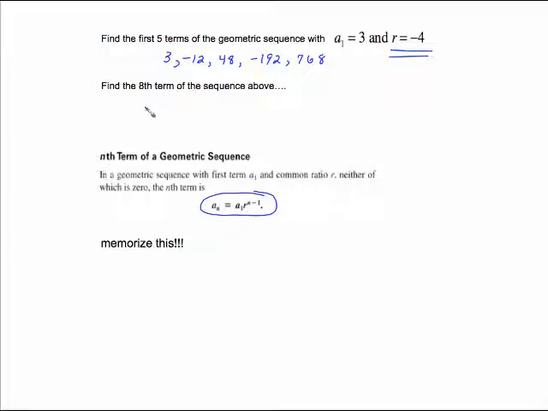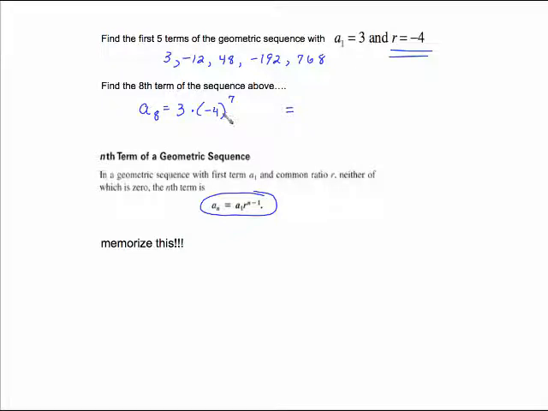So to find the 8th term, I would say a sub 8 equals a1, which is 3, times the common ratio, which we established to be -4, and you need to put that in parentheses if it's a negative ratio, raised to the n minus 1 power. Well, n was 8, 8 minus 1 is 7. Be careful arithmetic-wise. You may be tempted to multiply 3 times -4, but you cannot do that.